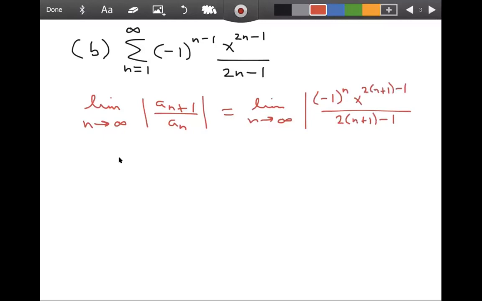Oh dear, I'm going to run out of room here. Okay, so I'm going to put times, and then I'm going to just put an arrow here. All right. So now I'm going to multiply by the reciprocal of a sub n. So that's going to be 2n minus 1 over negative 1 to the n minus 1 times x to the 2n minus 1. Okay, now I can clean this up.